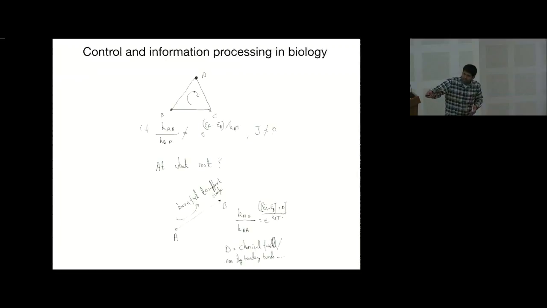If you couple any jump from A to B with a process which burns fuel, you'll get this condition, and you can interpret delta as the chemical fuel that drives the system from A to B, or the chemical cost that you need to pay to drive the system from A to B.